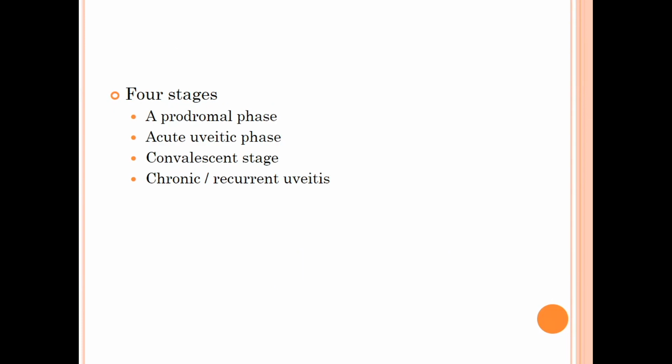The disease progresses in 4 stages: a prodromal phase of flu-like illness, an acute uveitic phase followed by involvement of neurological and hearing defects, and the convalescent stage with appearance of the skin manifestations with the resolution of eye manifestations, and also some may have chronic recurrent uveitis later on.